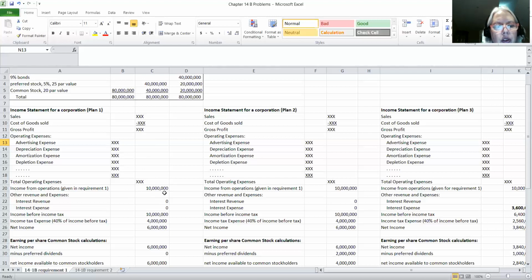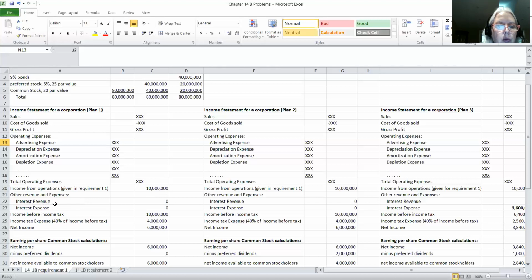But I wanted you to see that in the income from operations, there's actually some other revenue and expenses that a company could possibly have. An example of other revenue would be interest revenue.